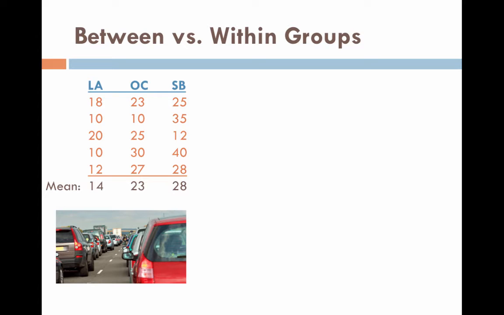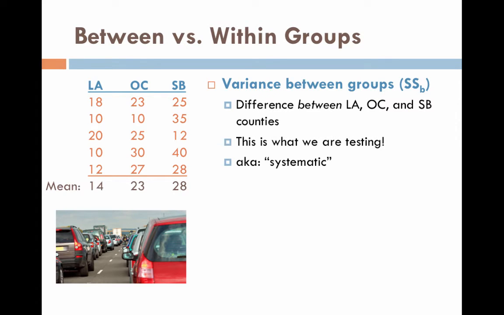And really when we think about this, we can think about differences between groups, which is really the differences between LA County, Orange County, and San Bernardino County. And this is really what it is that we're testing. Is there a difference between these 3 groups on the number of miles driven? And really we want to see, okay, if you live in Orange County, do you drive much more or much less than people from San Bernardino or from LA?